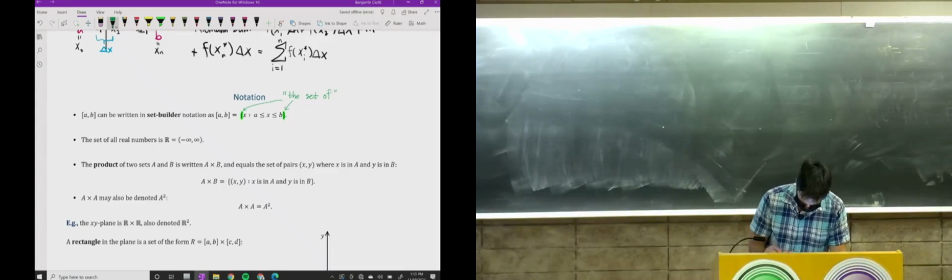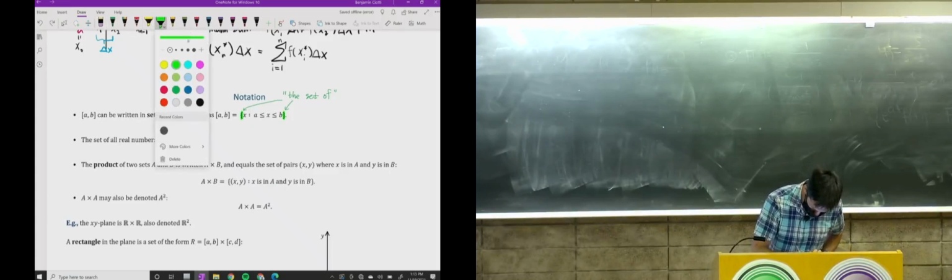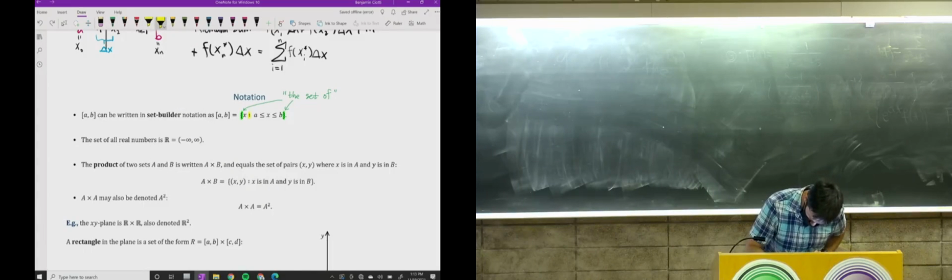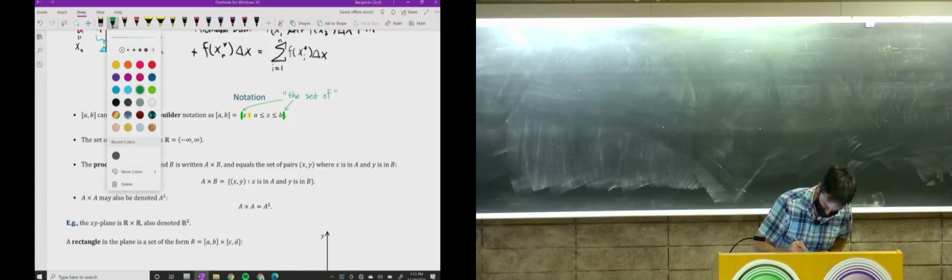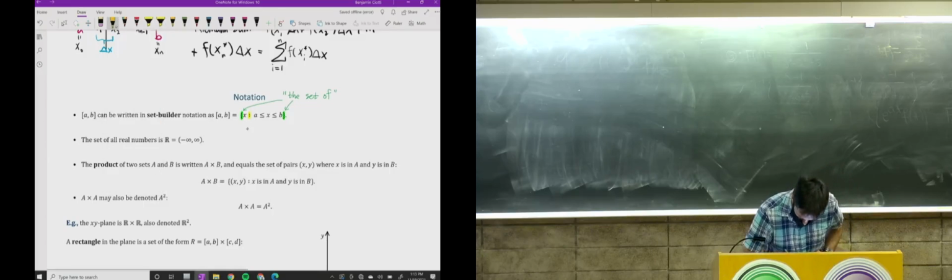So this set is the set of x, and then the colon also has an English word translation. So when you see the colon, who knows what the colon stands for?